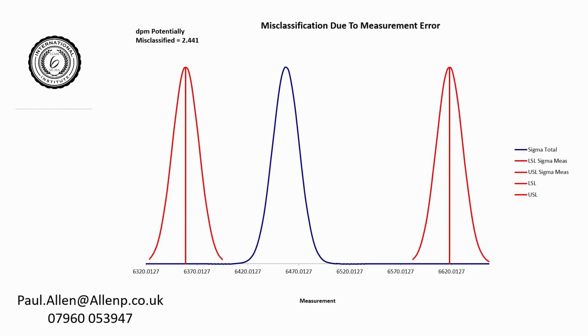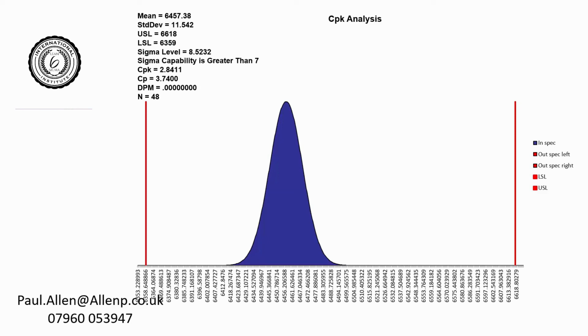Now if we look at this as a CPK value rather than this misclassification diagram from the software, I've now put it as a CPK diagram just to make the point. Look, you've got fantastic CPK. Is this measurement system capable of holding you in this band here? Yes, it is. Would it notice if you started to wander over here?